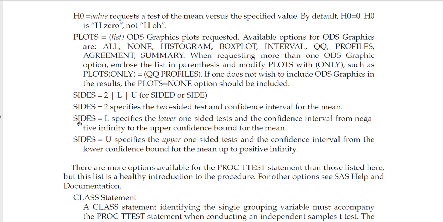An option that's newer in PROC TTEST is whether we're doing a one-sided test or a two-sided test, and we'll review those procedures here shortly. You can write SIDES, SIDED, or SIDE, either one of those three versions, and so you can have two-sided, it is a lower test, or it's an upper test, and you can specify those. That means you're also going to generate an upper confidence or lower confidence bound, whichever is appropriate for the test you're doing.